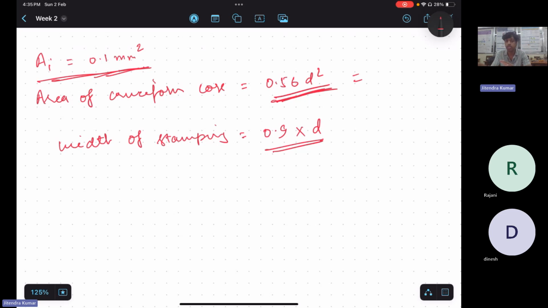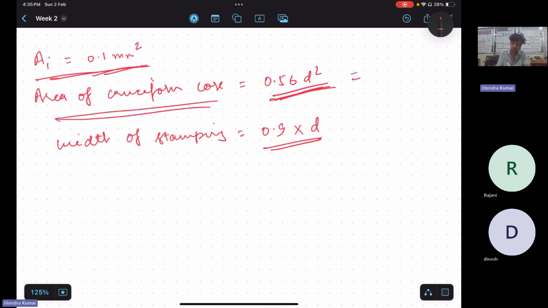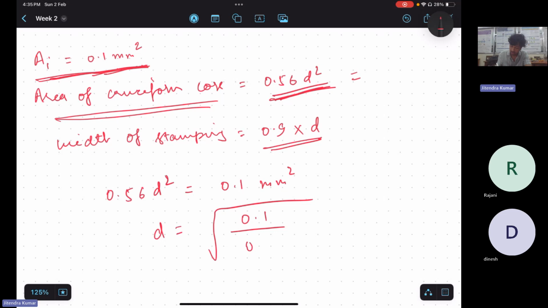If nothing is mentioned about a stacking factor, then you can directly equate the area of the cruciform core to the area of the core, so net and gross will be the same. So 0.56 d square is equal to 0.1 m square. So d will be the square root of 0.1 divided by 0.56. How much will it be? 0.42. So this is the diameter of your circumscribing circle.